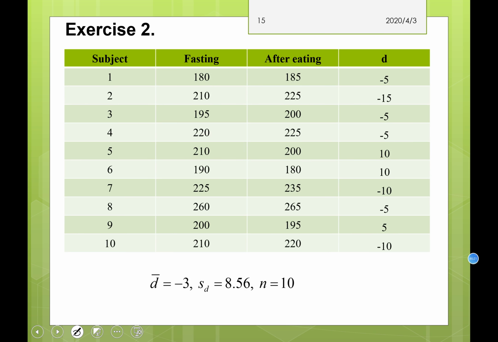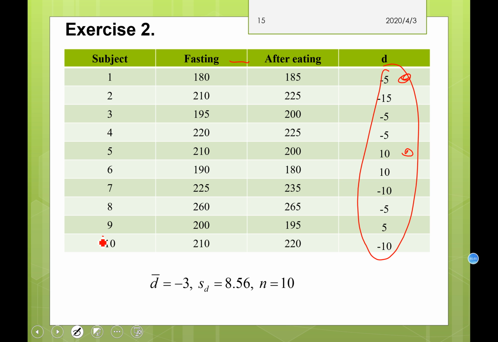We need to calculate the difference, right? So here we use fasting minus after eating, and we can get the difference. We notice that some of the numbers are negative and some are positive. And we need to calculate the mean of these difference numbers.